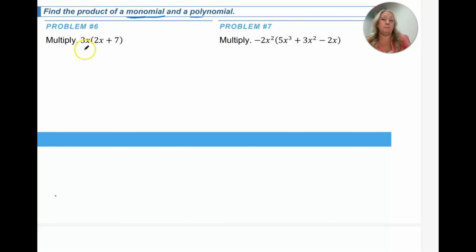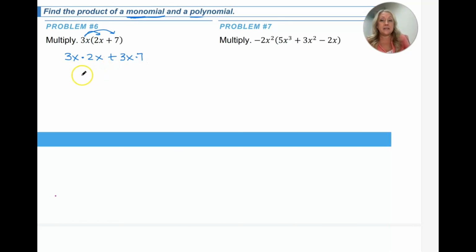So we've got a monomial and we've got a binomial that it's being multiplied by. So I'm going to take that 3x and distribute it through, and I'm going to multiply those together. So I'm going to write this out separately. So this is saying I'm going to do 3x times 2x plus 3x times 7.